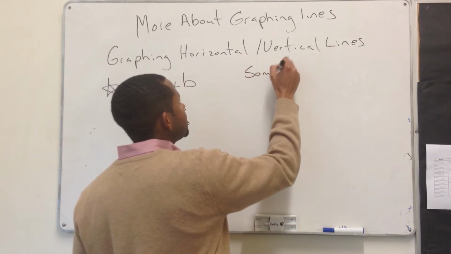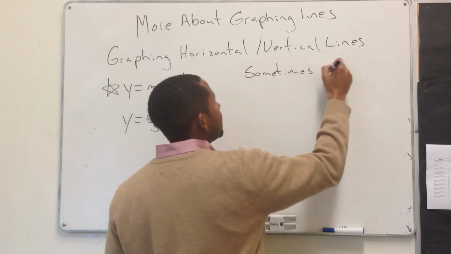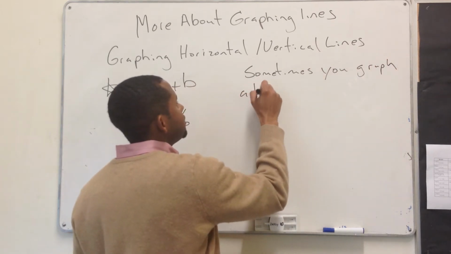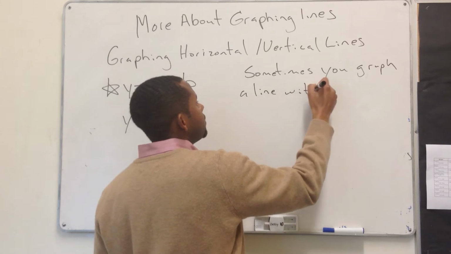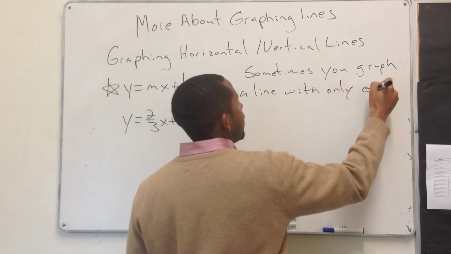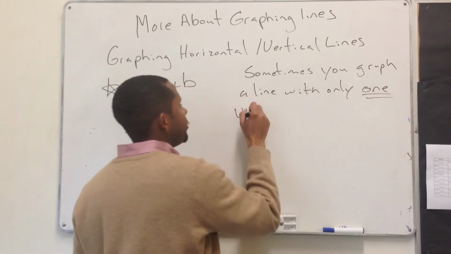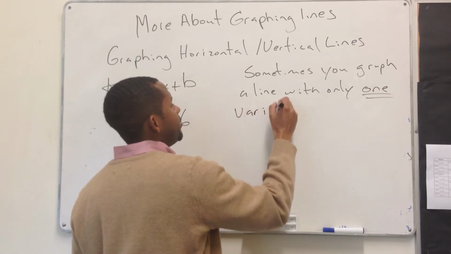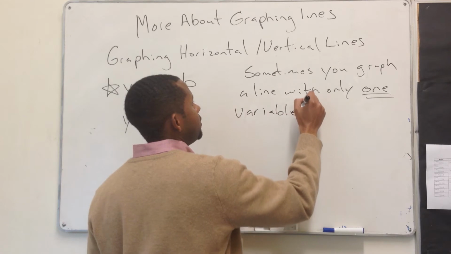So sometimes you will graph a line with only one variable. It's not how you spell variable. Variable. Okay?